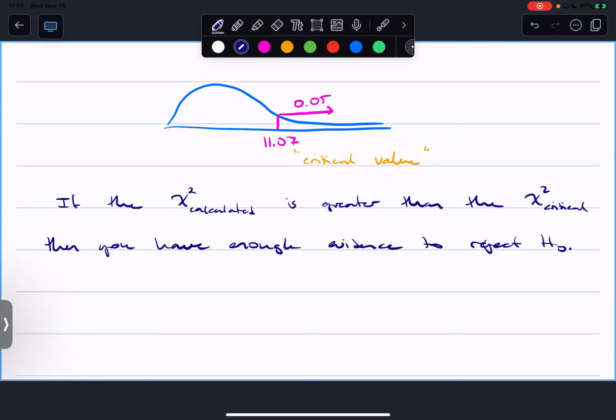We could have done this for Zs as well, but it's the same amount of work, and so that's why I don't introduce it till later. But you could figure out what Z makes an area in the tail of 0.05, and then if your Z is greater than that, then you have enough evidence to reject H naught.